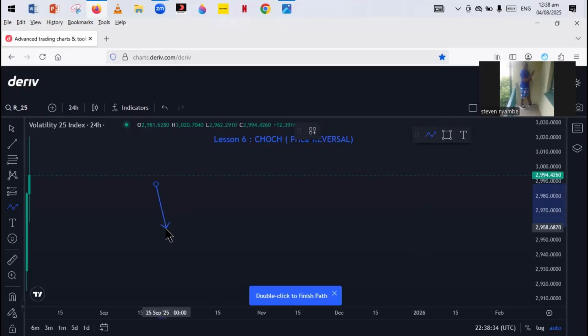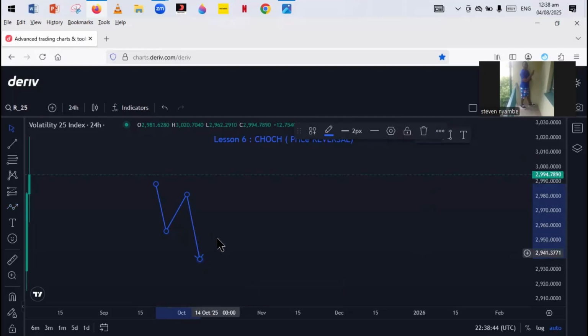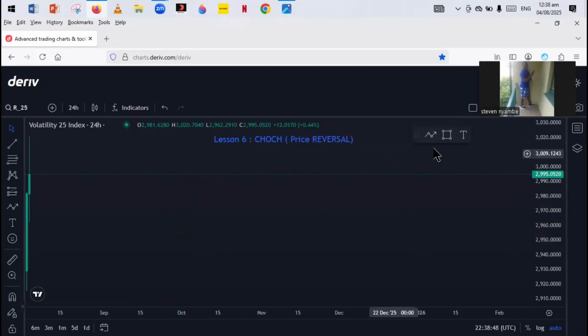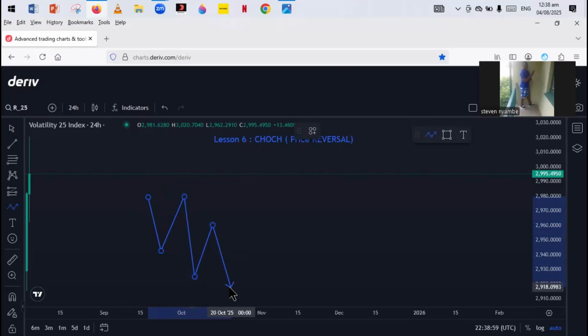So let's say price is breaking structures to the downside, like that.